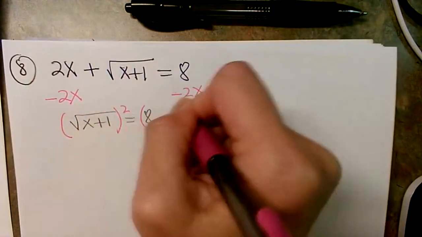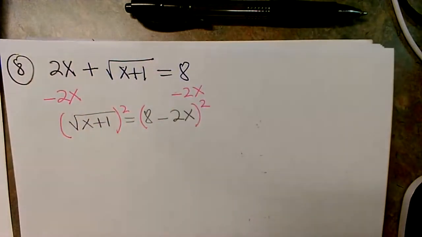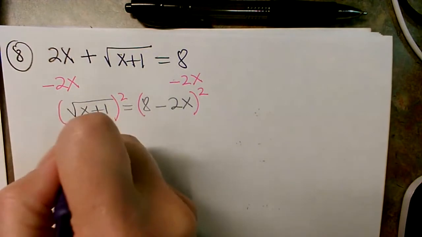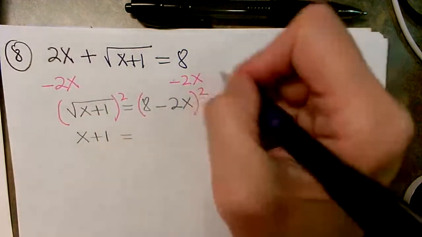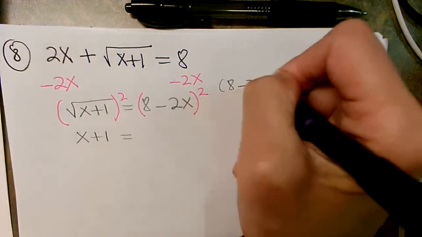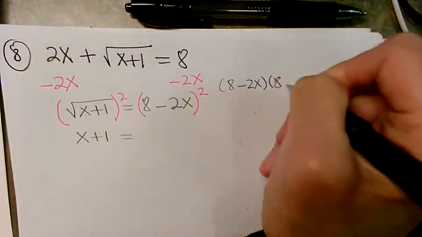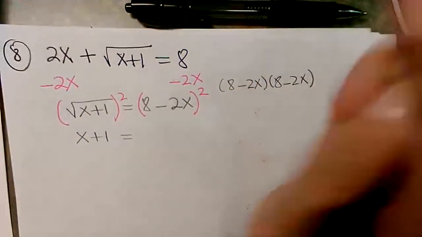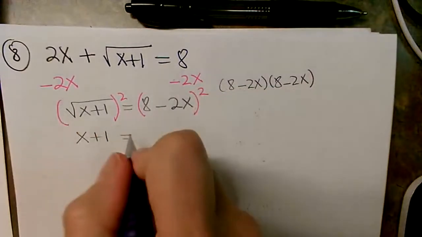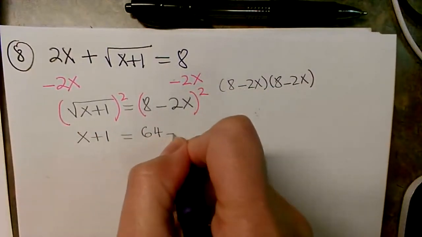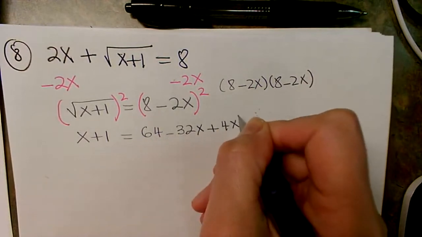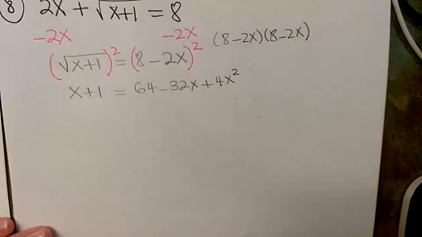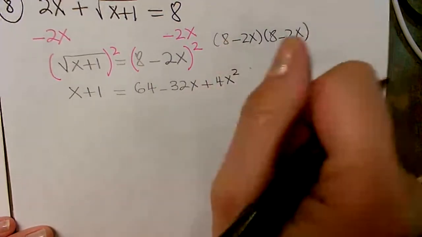First we isolate, then we square. So we get x plus 1, and this one is going to be what? 8 minus 2x times 8 minus 2x. And that's 64 minus 32x plus 4x squared. When you guys do that, you distribute this.